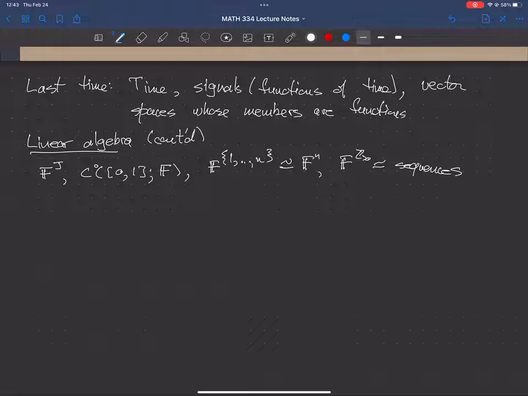It simply means that there's an isomorphism between them. The fact of the matter is the two vector spaces are isomorphic if and only if they have the same dimension. Now, dimension is something that you defined in your linear algebra course for finite dimensional vector spaces. But we're going to think about dimension for infinite dimensional vector spaces, because those are the kinds of things that we're going to encounter most often.